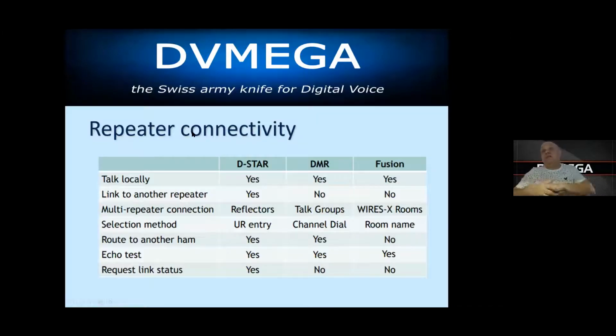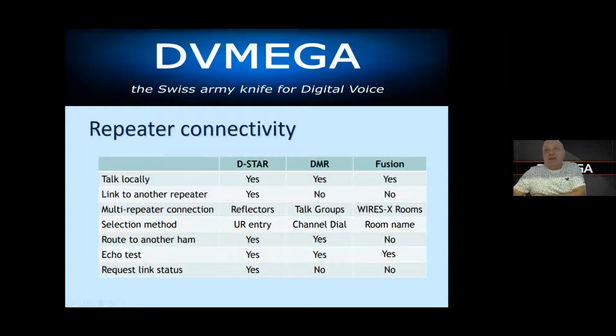So, repeater connectivity between the three most used modes. The digital voice modes are commonly used on repeaters or networks. At least here in the Netherlands, you don't see a lot of people talking direct to each other locally, like an analog radio without a repeater.